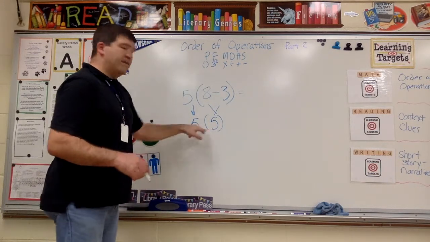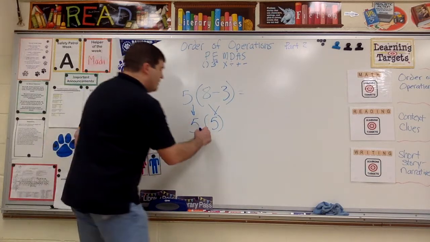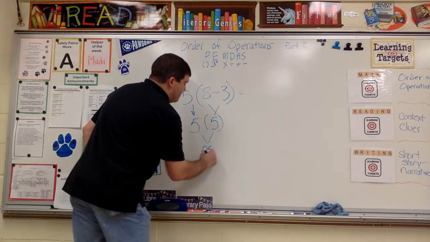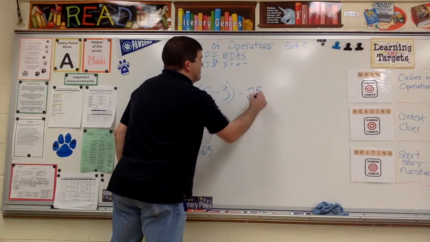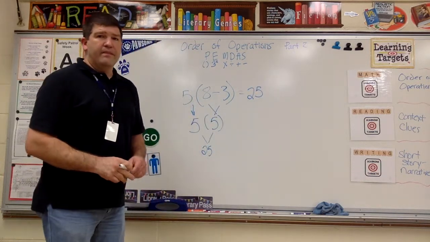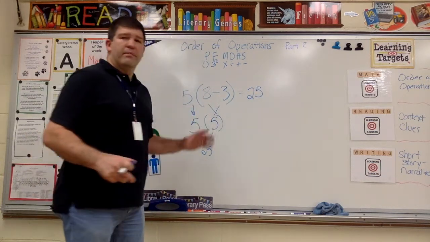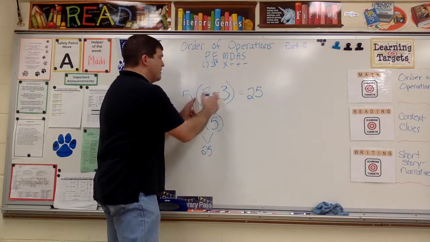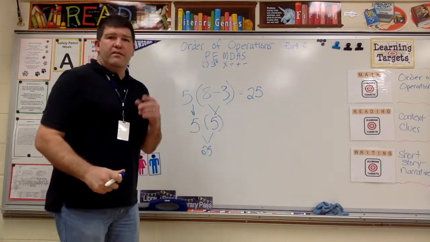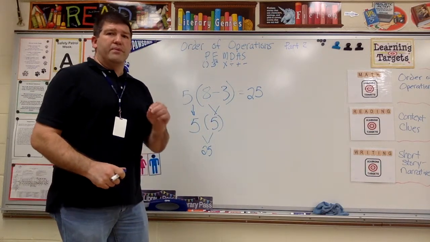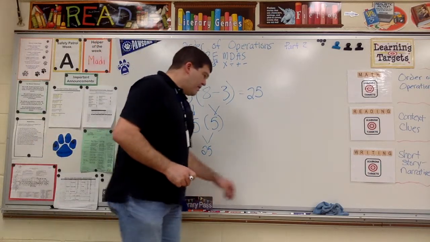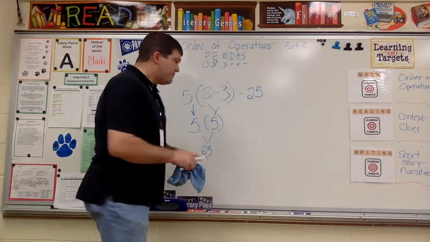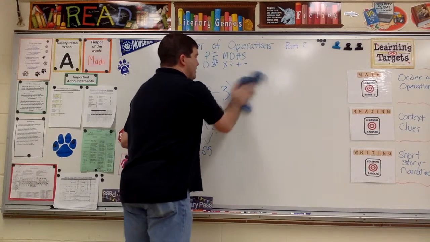And I can see that they're next to each other, so it's multiplying. 5 times 5 is 25. And so my answer is 25. The key here, I want you to think about, whenever you have a number next to a parentheses, the order of operation is multiplication. That's really critical. That'll come up quite a bit.